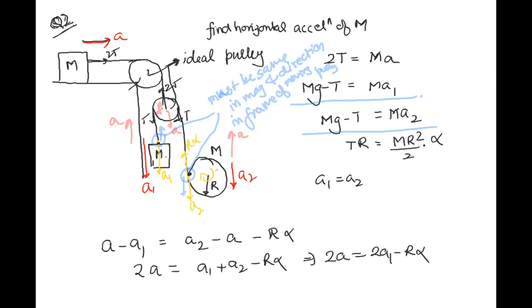Now let us try to solve. So let us first write the value of A. 2 into 2T by m is equal to 2A1. So this would be g minus T by m minus R alpha, which would again be equal to 2T by m.